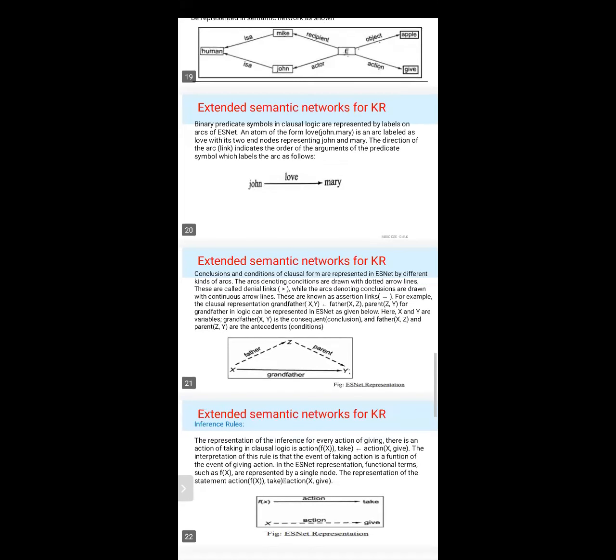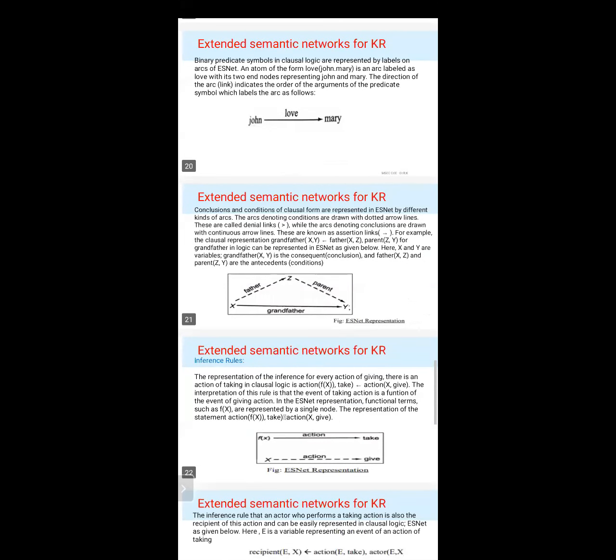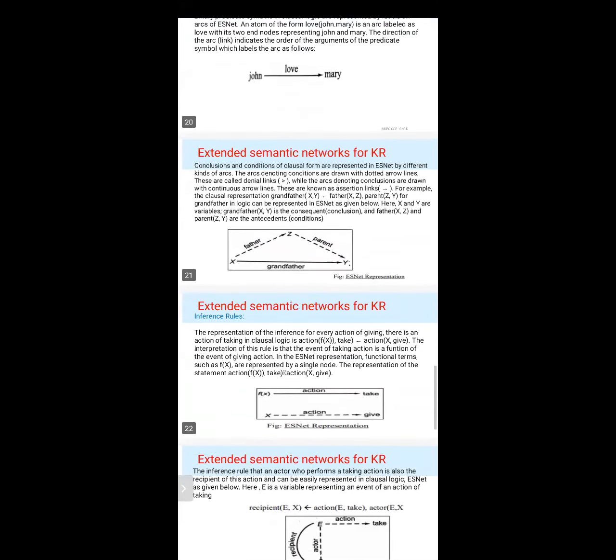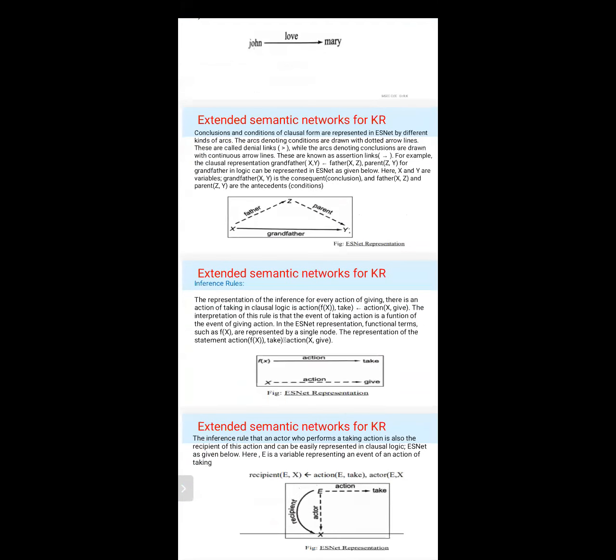Next one. These are the inference rules here. Action of f of x comma take, reverse arrow, action of x comma give. This particular interpretation of the rule can be represented like this.